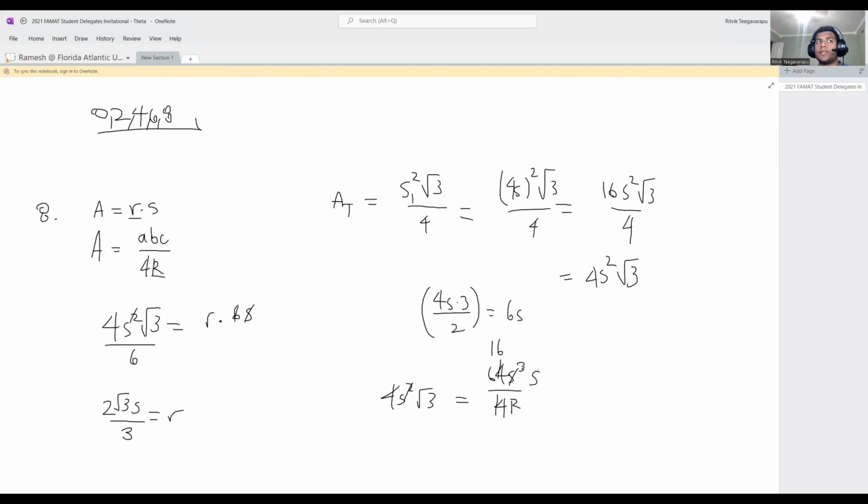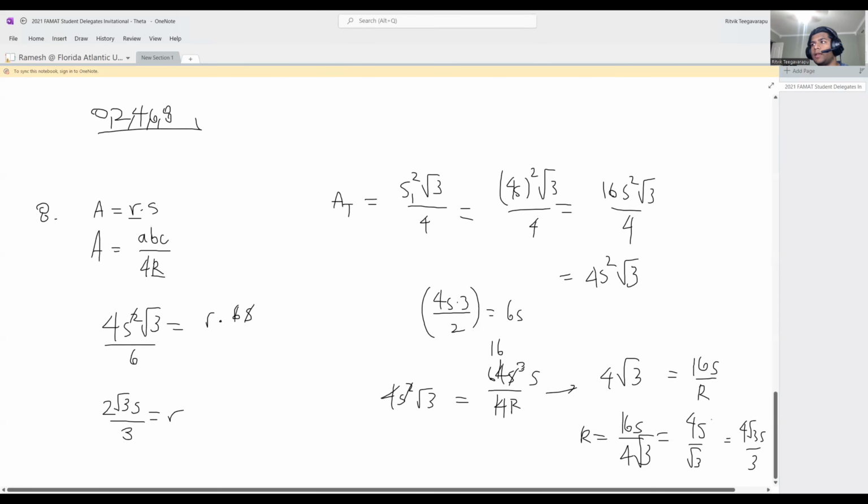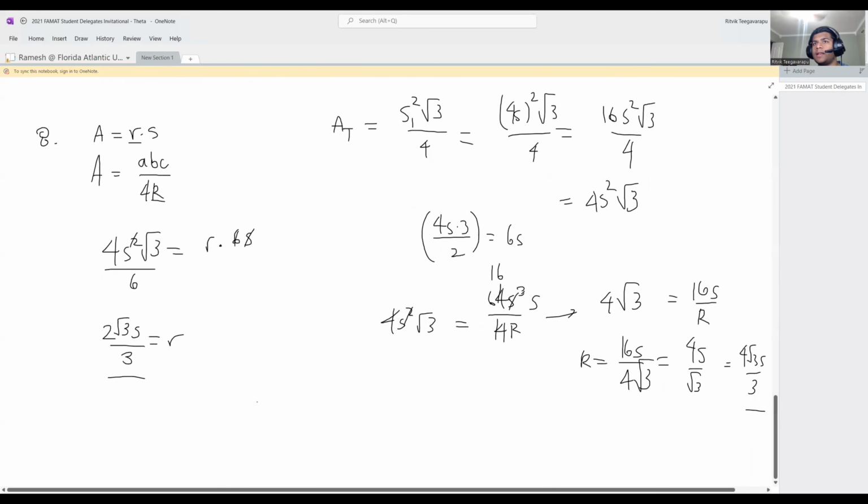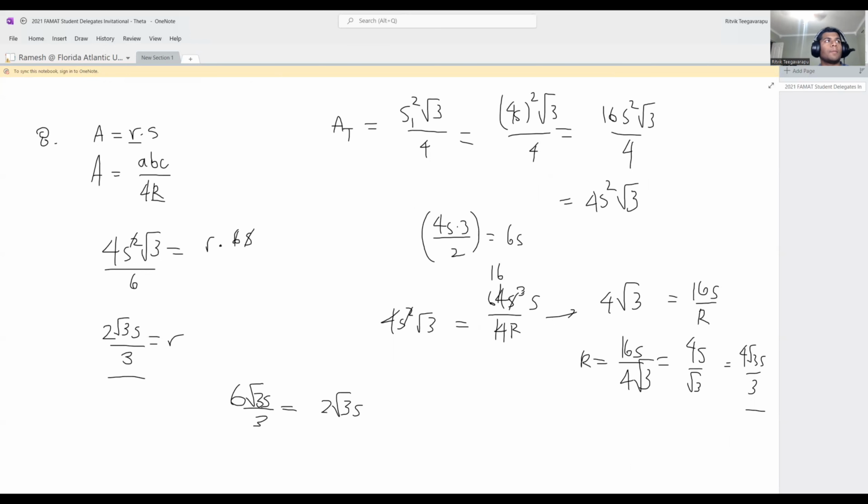And therefore, this results in us having 4 root 3 equals 16s over R. Solving for R, we get R is equal to 16s over 4 root 3, which is equivalent to 4s over root 3, which is equal to 4 root 3 s over 3. Adding these two together, we then get 6 root 3 s over 3, which clearly simplifies to 2 root 3 s, which therefore becomes answer choice B, which is correct.